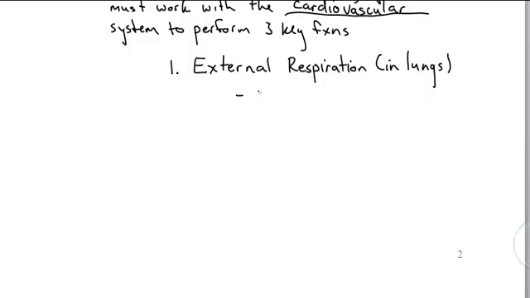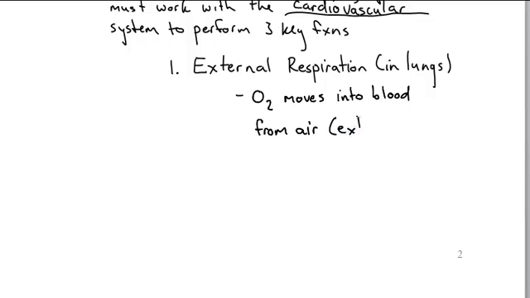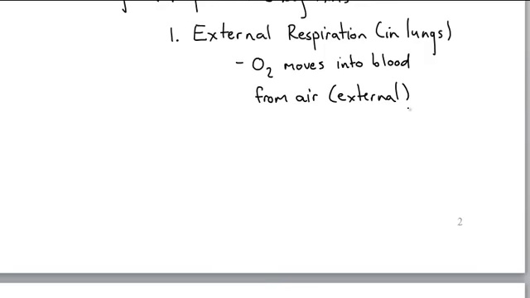So in external respiration, that is where O2 moves into blood from the air, and the air is external, hence why it's called external respiration, because we're exchanging with the external environment.